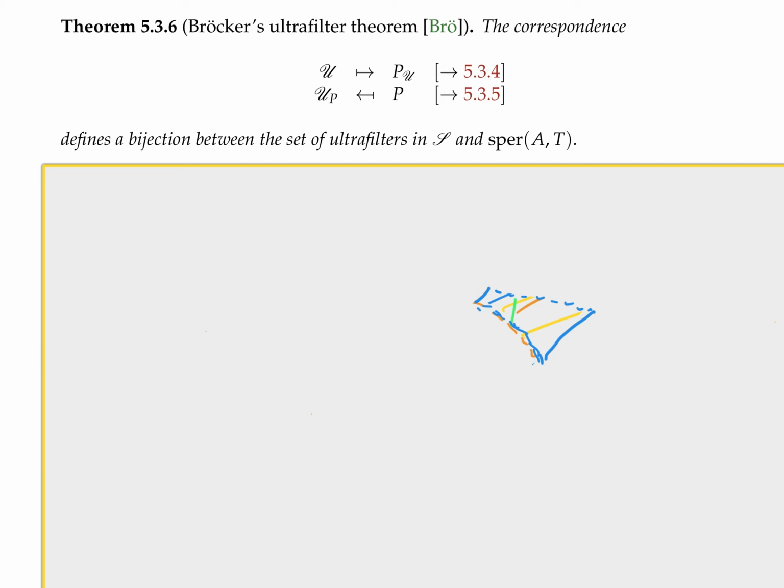But when we go here and when we go back, we have to show that we come again to U, so U equals U_{P_U}. On the other hand, if P is in the real spectrum of R[x], we have to show that P equals P_{U_P}. Okay. So in order to show A, let U be an ultrafilter in S.